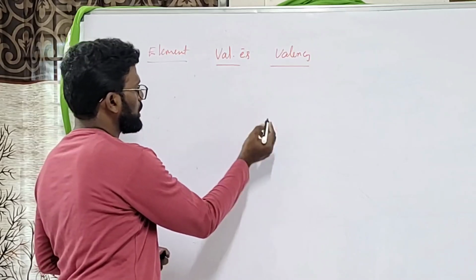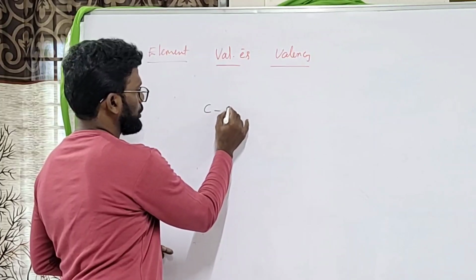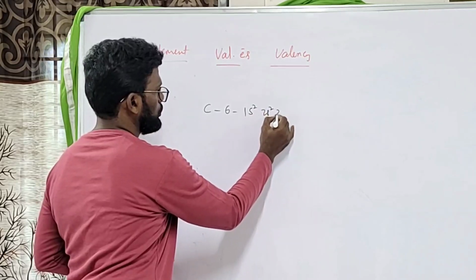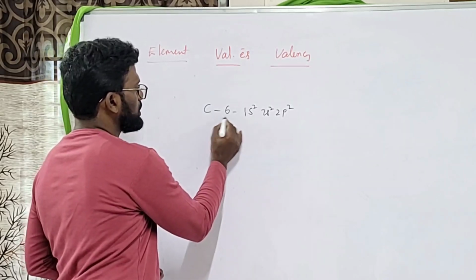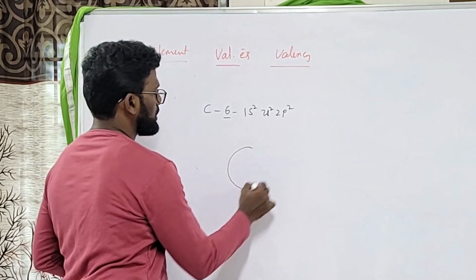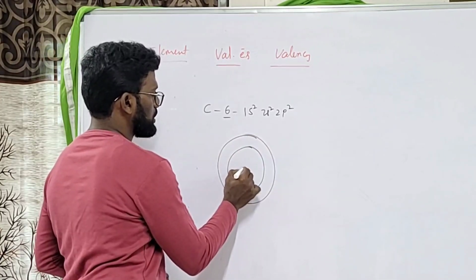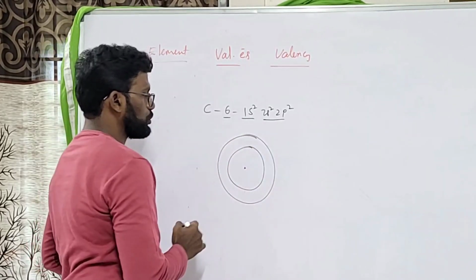Suppose you write the electronic configuration of any element, say for example carbon, atomic number 6: 1s2, 2s2, 2p2. So what does it mean? Carbon has 6 electrons. Let's take a carbon atom. It has a nucleus and 6 electrons in total.